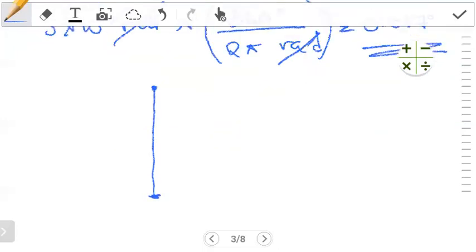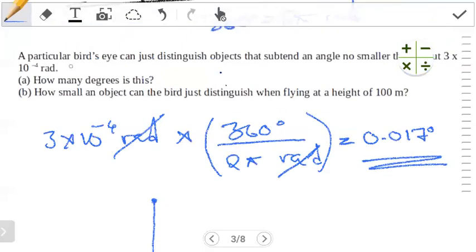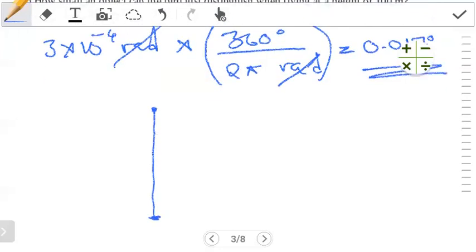It can distinguish objects that subtend an angle no smaller than 3 by 10 to the power negative 4. So if you had an object that was here, the bird will be able to distinguish what this object is if the angle that this object makes is not smaller than 3 by 10 to the power negative 4.